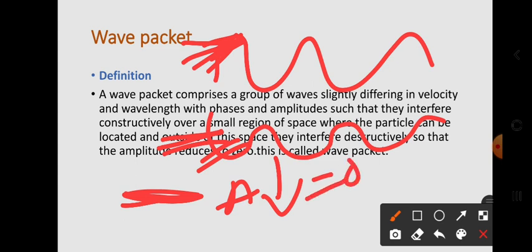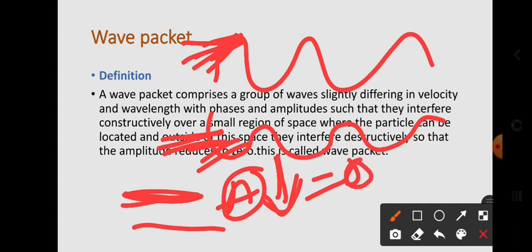Zero amplitude means no wave is formed in this case, because it is destructive interference. Destructive interference means the crest of one wave and the trough of another wave interfere, and no amplitude forms. So the amplitude decreases, we may say it reduces to zero.